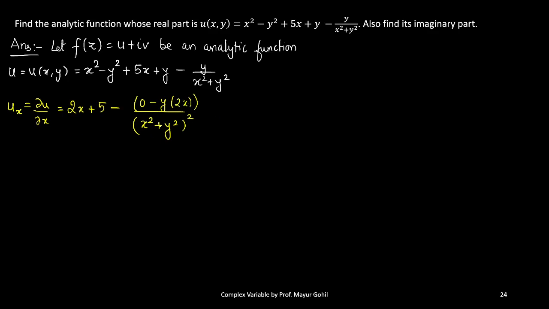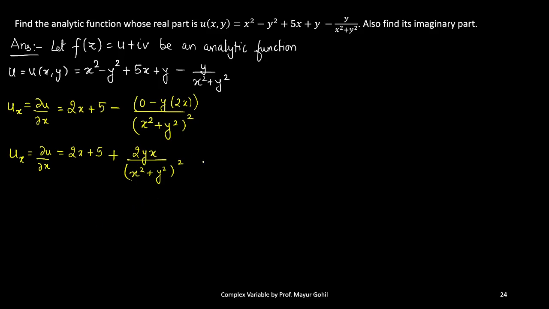So that's the whole thing. Let me write the answer in simplified form. That would give me 2x plus 5, and then minus minus makes it plus, 2yx divided by x square plus y square the whole square. That's the answer. This is ux, that is ∂u/∂x.